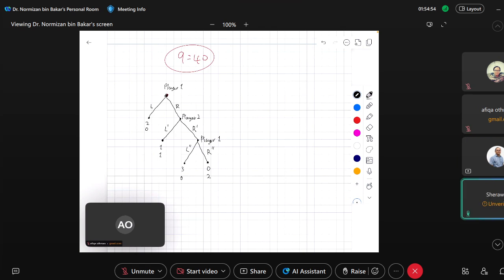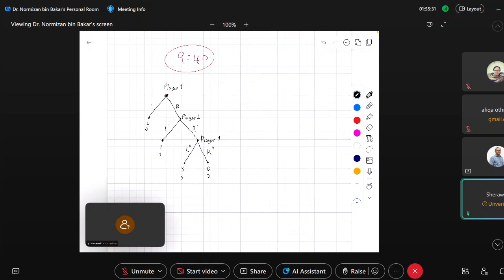So what is your answer, Sharawali? The optimal strategy for player 1 is choosing L2, Doctor. L2. Okay. So how about player 2? Player 2's payoff depends on player 1's choice.